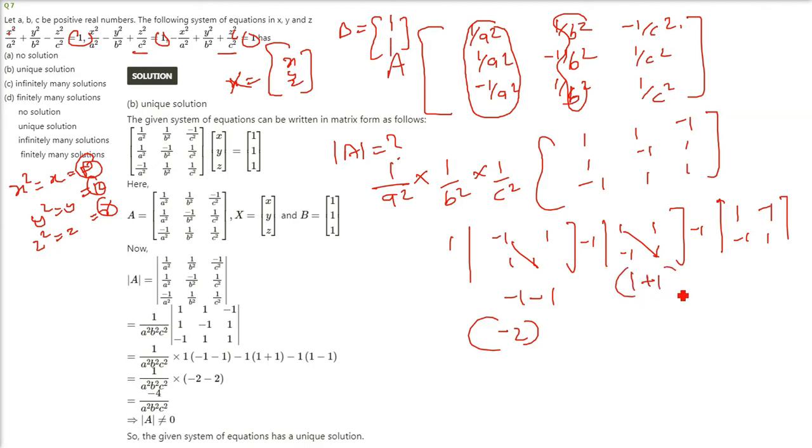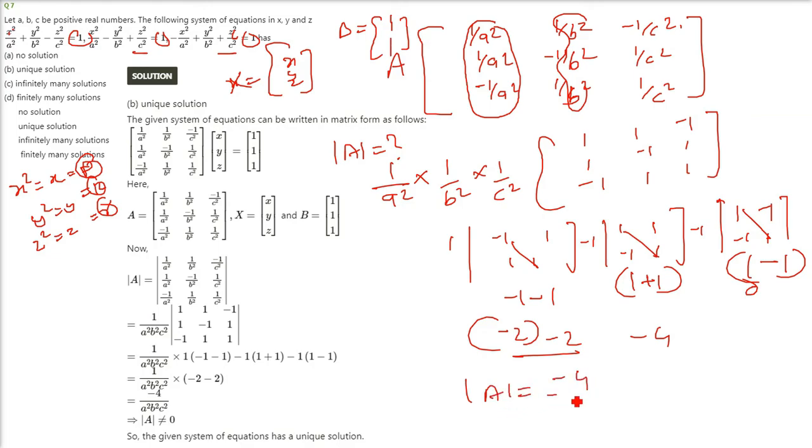So the whole idea is that this question doesn't fall into the category of XYZ, but still make it in the form which we know. After doing this, we have to find out whether determinant of A is equal to 0 or not.